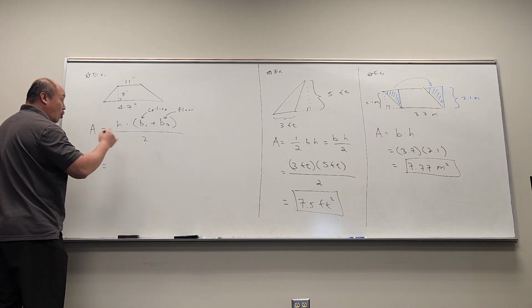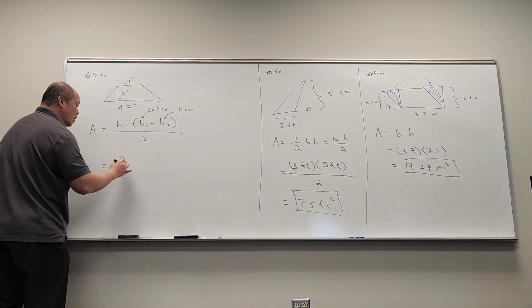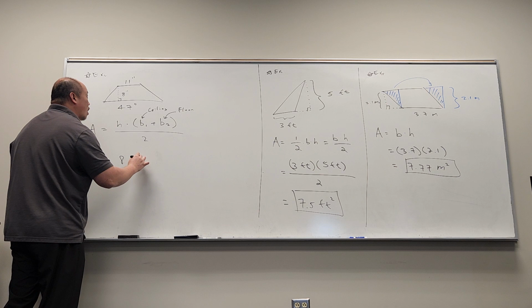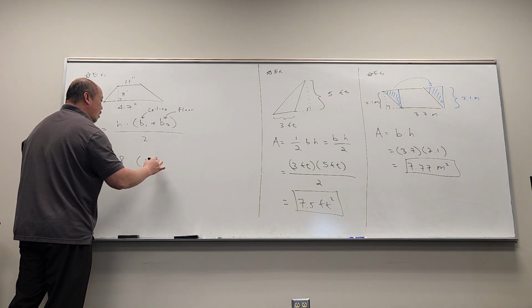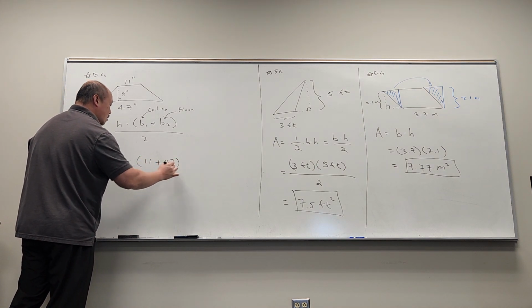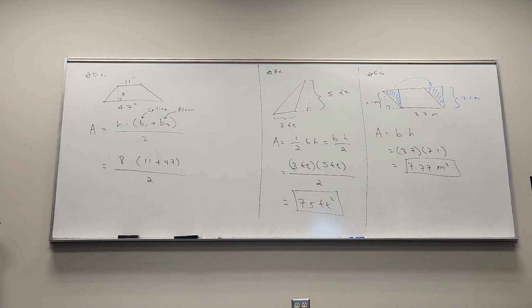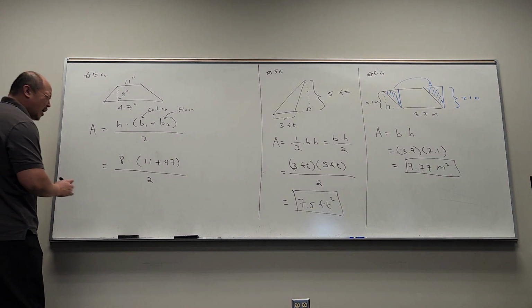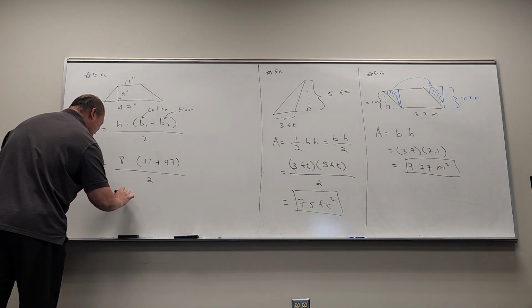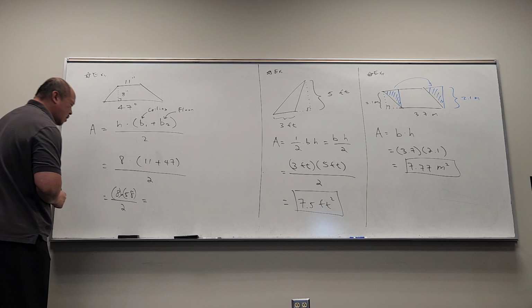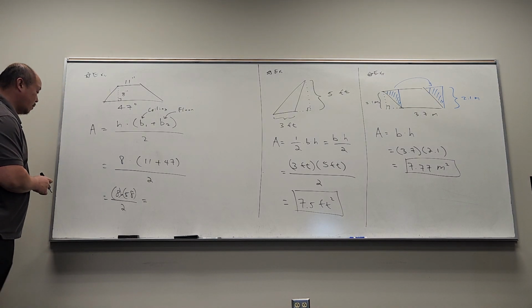So if you plug it all in, that's 8 times B1, which is 11, plus 47, divided by 2. And that's 8 times, what is this, 58? Okay. And divided by 2. What is that?